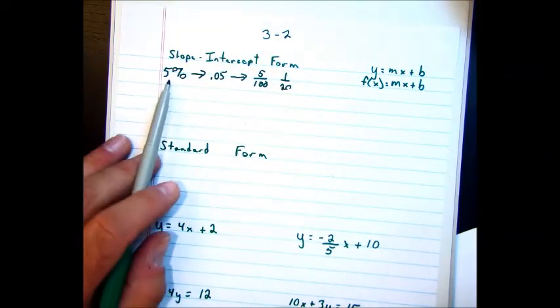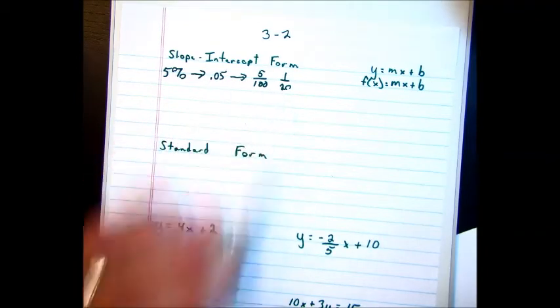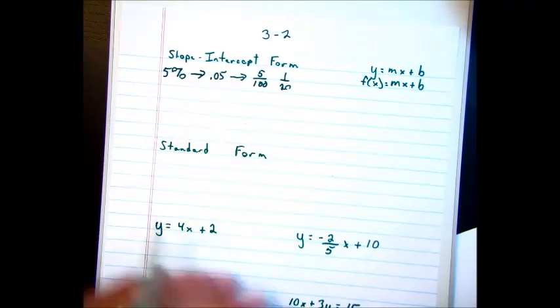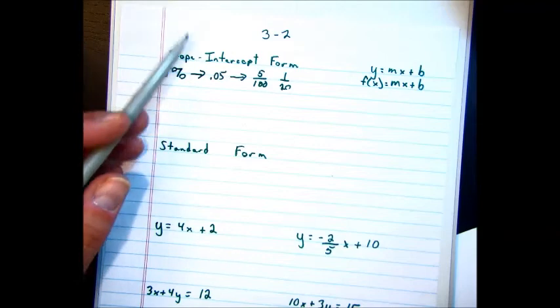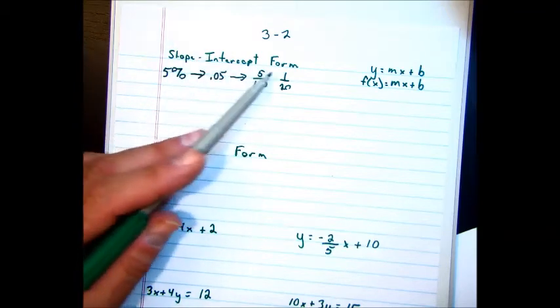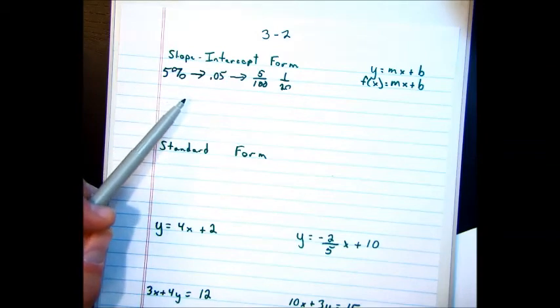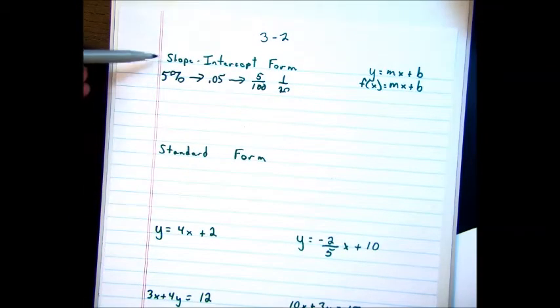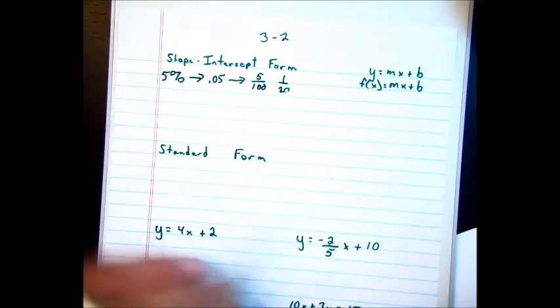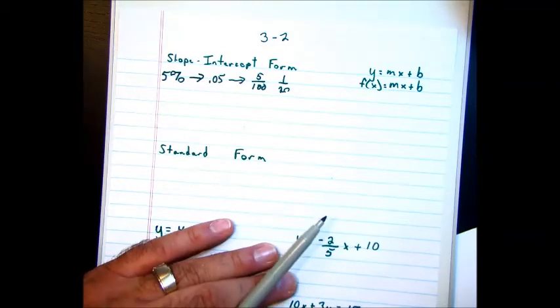So these numbers are all the same. They're just written in a different form. This is written as a percentage. This is written as a decimal. This is written as a fraction. They have the same value. Okay? The same thing happens with slope-intercept form and standard form. They have the same value, they're just different ways of writing a problem.